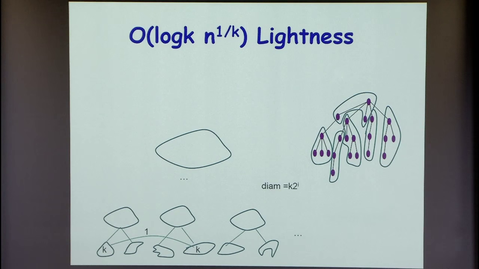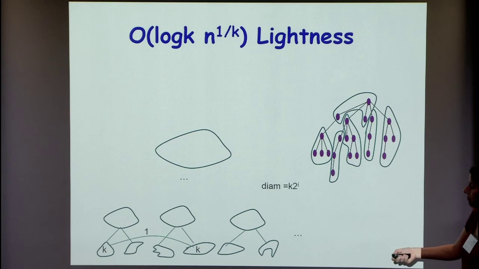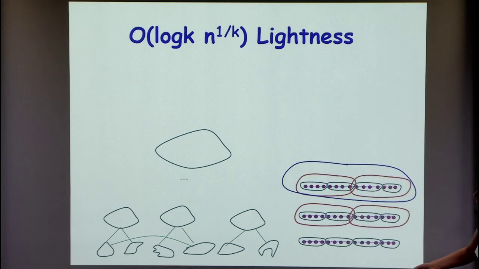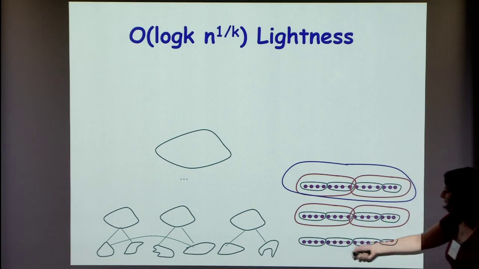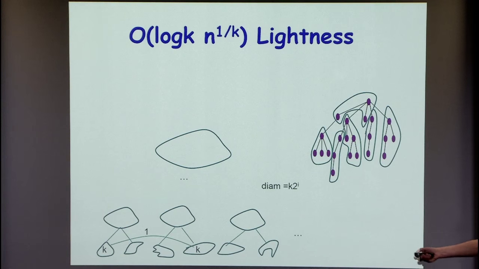So why? Let's see how much weight I pay in this level. I have roughly n over k clusters here, and for each cluster I assume that I have only a constant number of incident edges of weight 1. So for each cluster, I actually pay only O(1) weight.